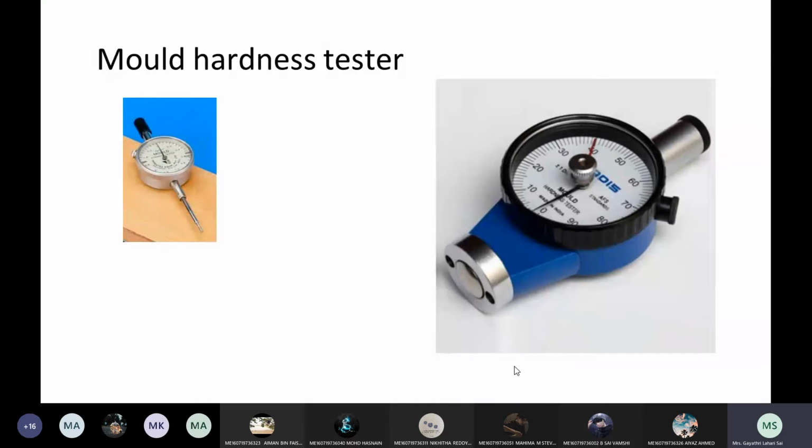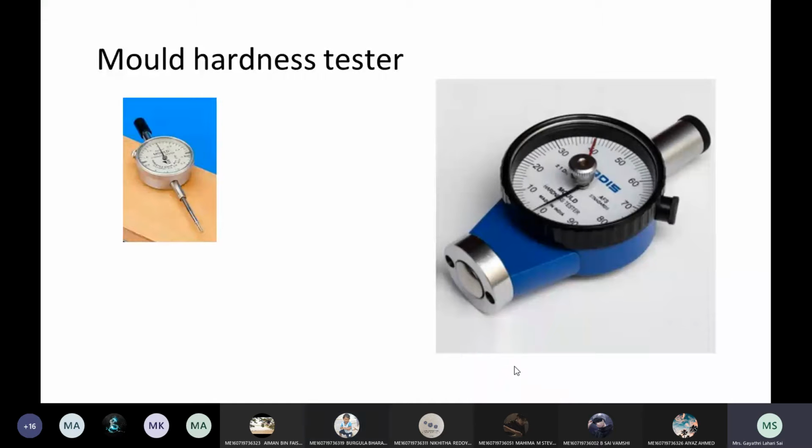So you need to test even the hardness also. Why do you test the hardness? What is meant by hardness actually? To tell me the strength of the material. No, hardness is not a strength.